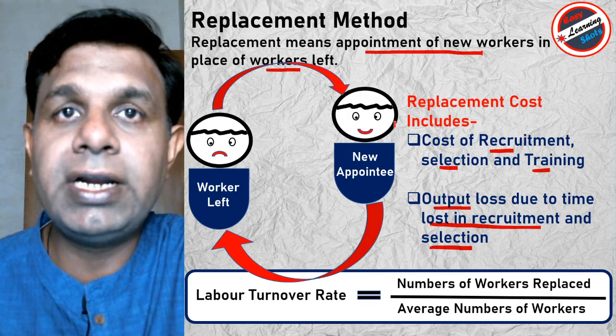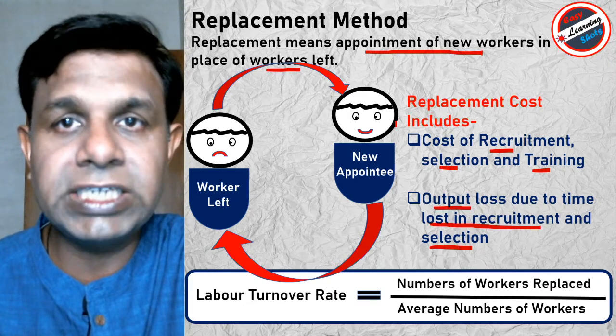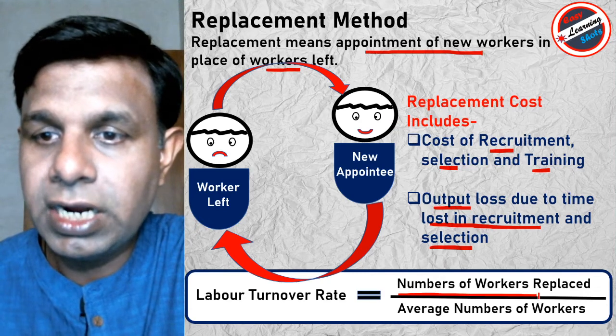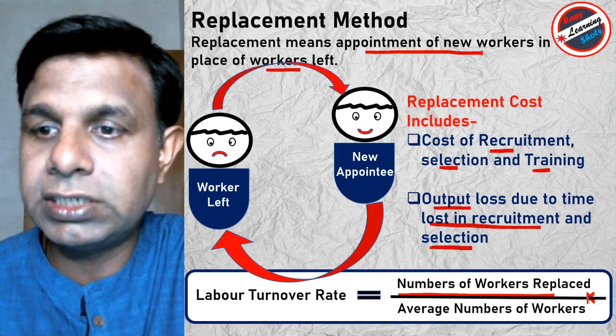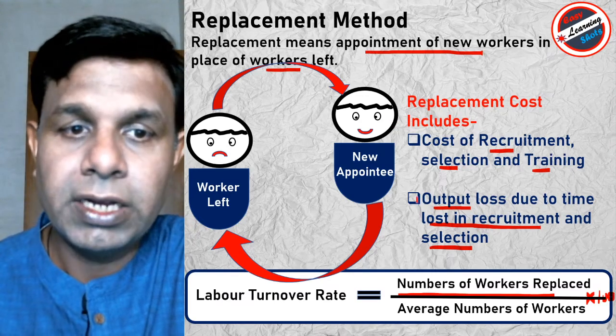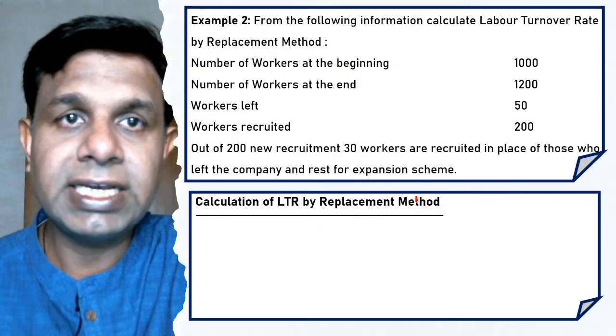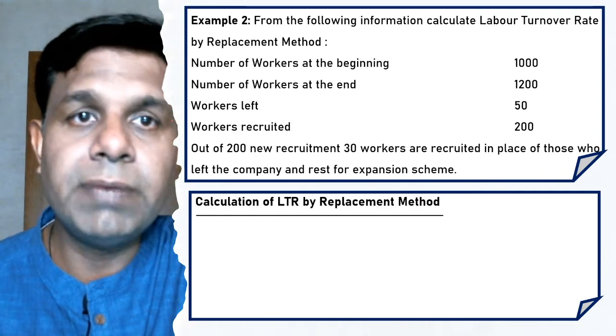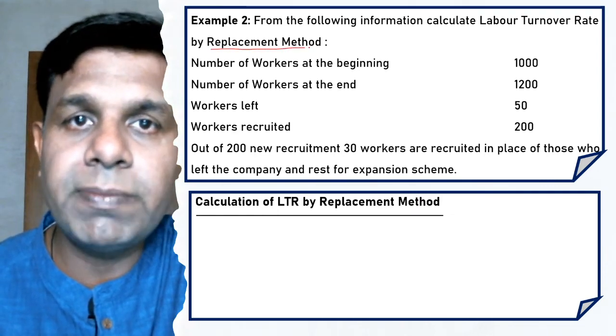Now we calculate labor turnover rate under replacement method by using number of workers replaced divided by average number of workers into 100. Now to understand this, let's take an example. Here from the following information, calculate labor turnover rate by replacement method.